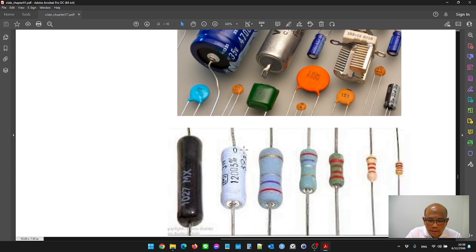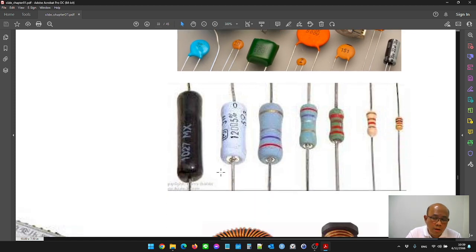For the next one, we call it a resistor. The resistor has a resistance. The resistance unit is the ohm, omega.